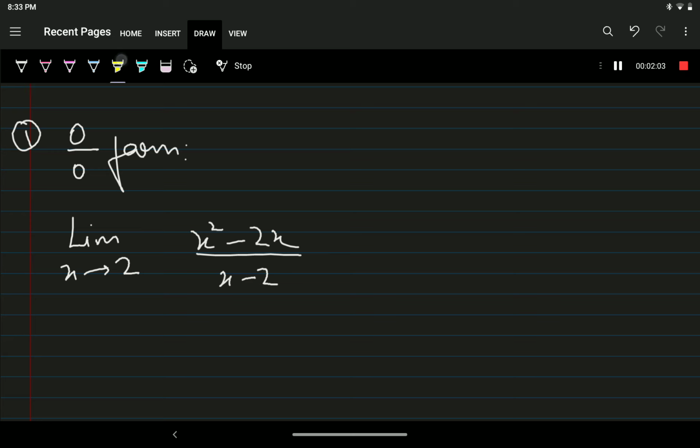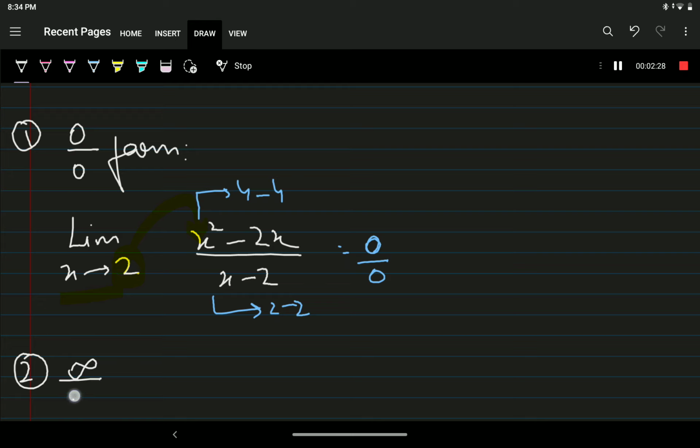Now, in this case, x tends to 2. If we put the value of 2 in place of x, we should not do it, but if we put it, we see that it is coming as a 0 by 0 format. This is becoming 4 minus 4, 2 minus 2. This is one form.